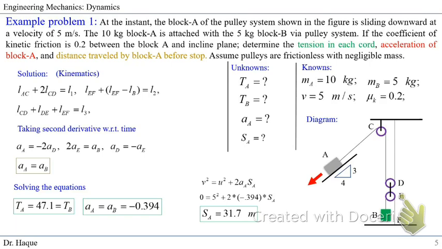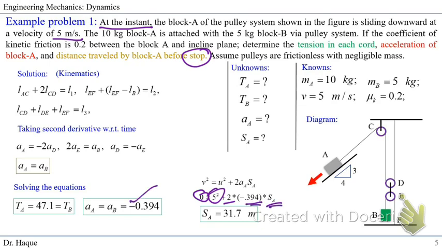The block A will come to a stop, so the final velocity is 0. Initial velocity at this instant is 5 meters per second, and then twice the acceleration, which is negative 0.394 that we just found.